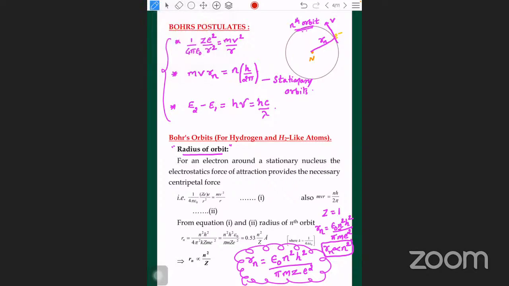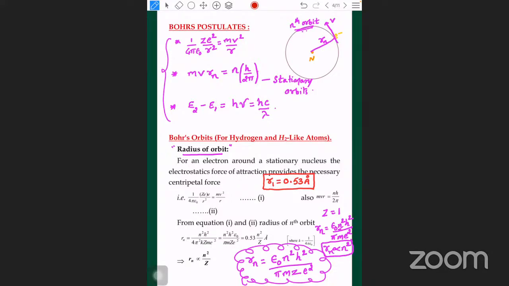Suppose if I calculate the radius of the first orbit of a hydrogen atom, please remember the radius of the first orbit of hydrogen atom is 0.53 angstrom.